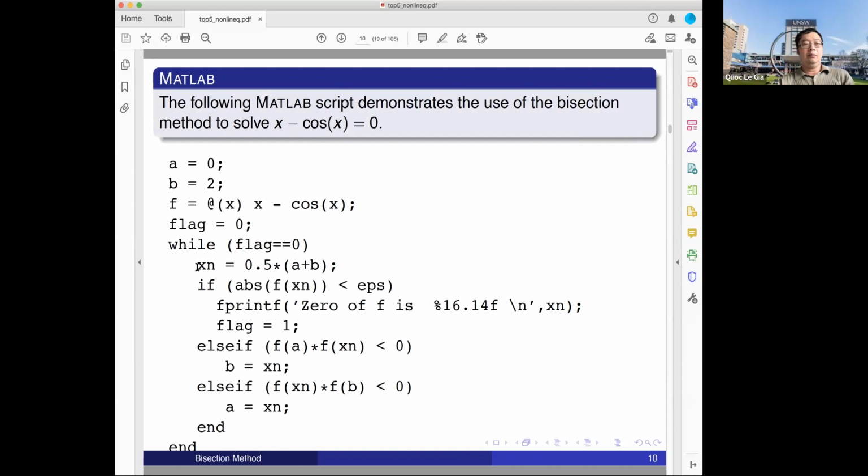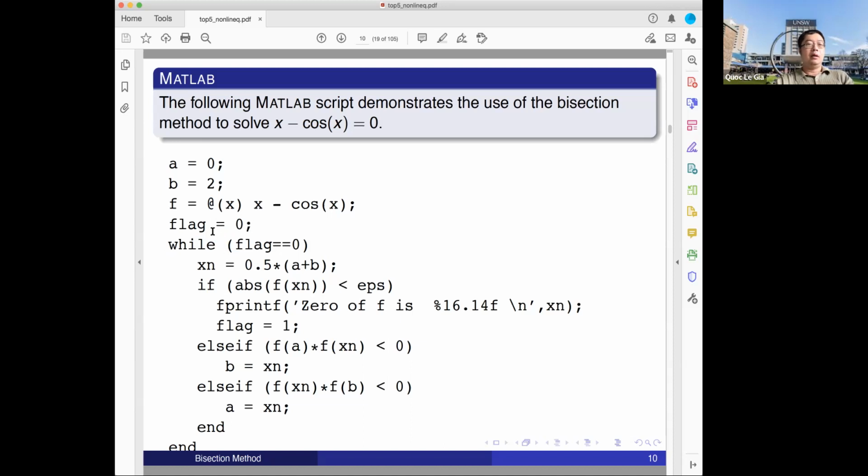You can see that here I just take f to be the function x minus cosine x, the Kepler equation. Because I don't know how many iterations, I just use a while loop. It depends on how you want to set up the terminal condition.